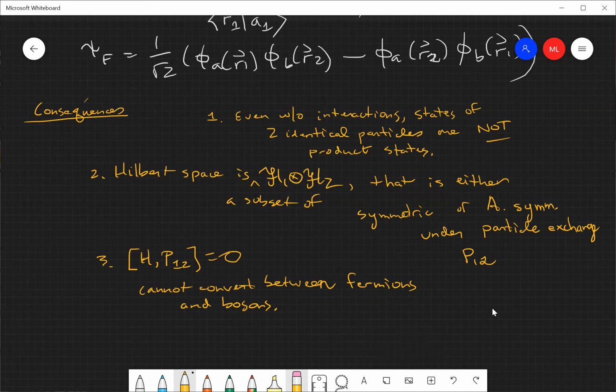So those are the major consequences, and we'll explore more of this later, but that's a good place to stop. You can, of course, add more particles, not just two. If you have three, again, it's always pairwise. You can always think about it as exchanging the labels of two of them, and then either you get a minus sign or a plus sign.